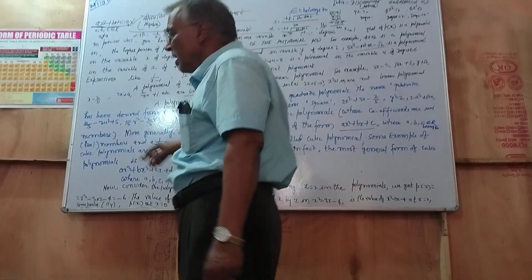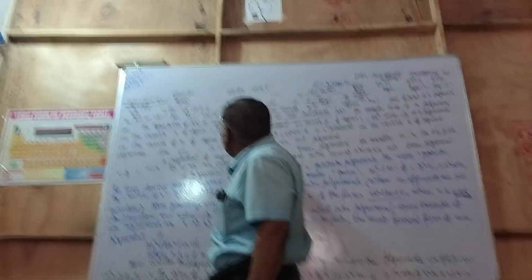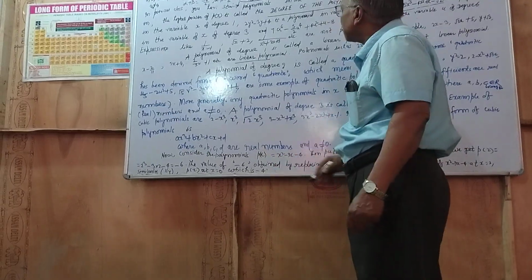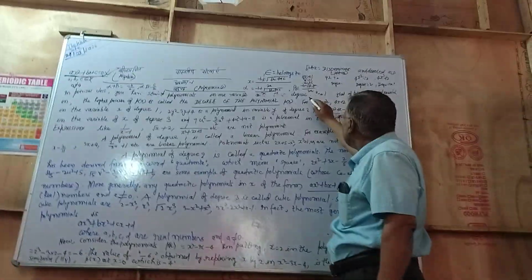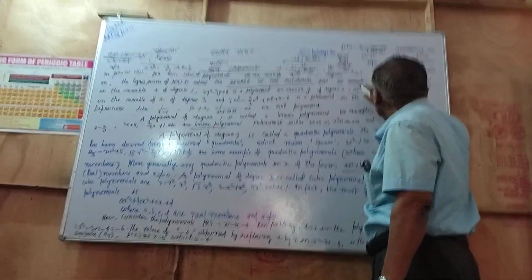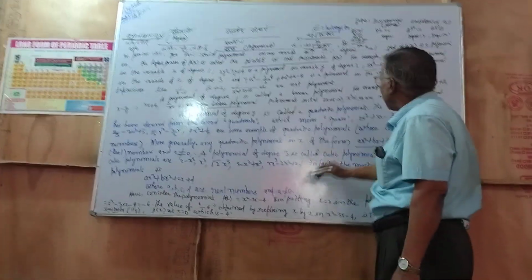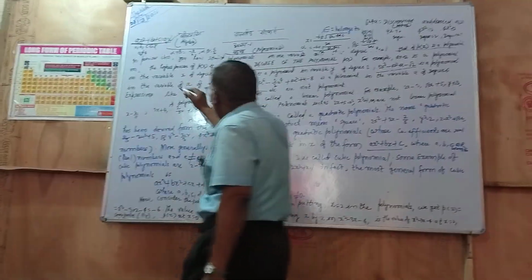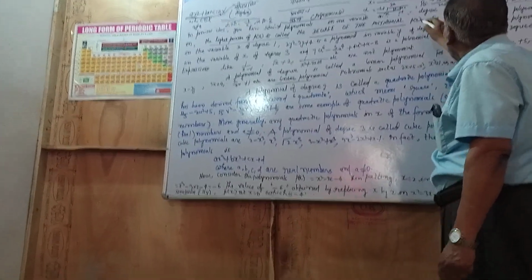Now in previous classes you have studied polynomials in one variable, and the degree. If p(x) is a polynomial, the highest power of x in p(x) is called the degree of the polynomial.